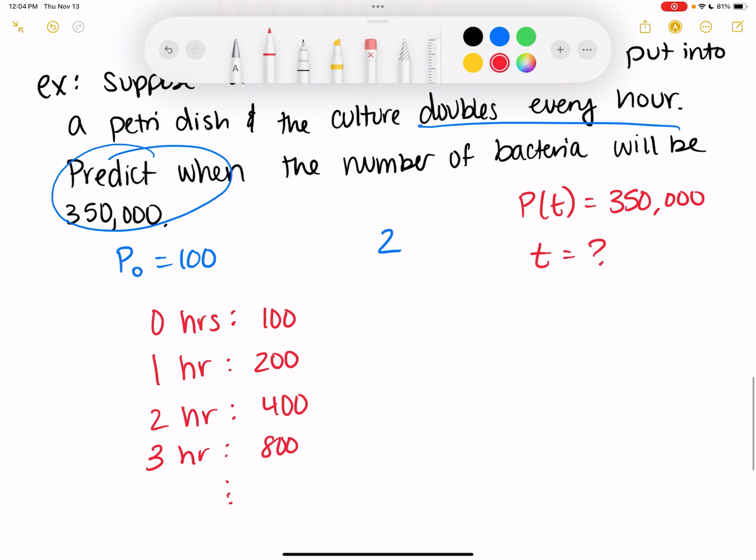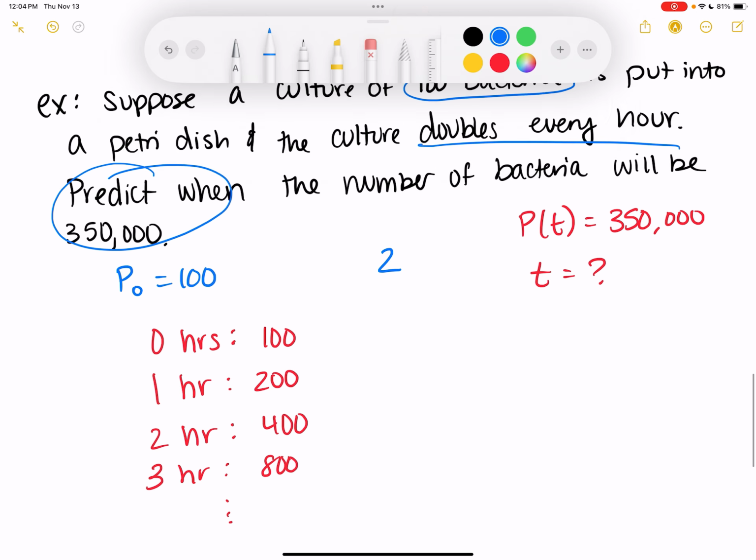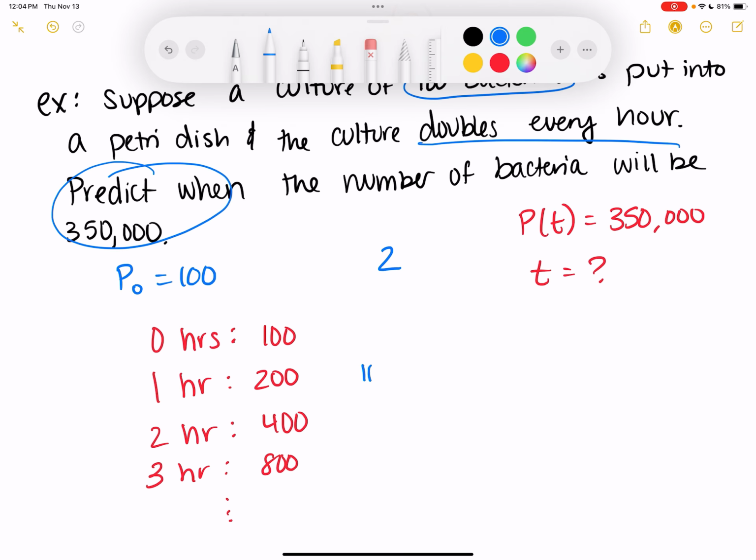So this is obviously my initial value here. This would tell me that essentially this is 100 times 2 to the first. Then this is 100 times 2 squared. And then this is 100 times 2 cubed, so on and so forth going down.